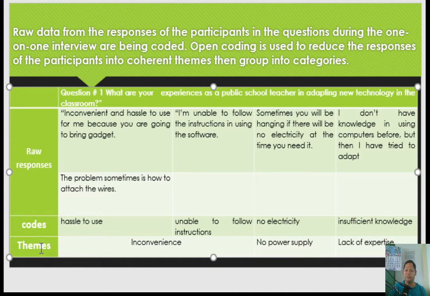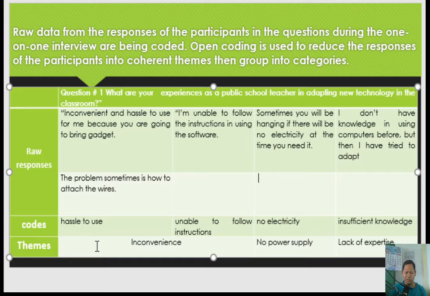What is a theme? This is a grouping of ideas or responses from your codes. From the codes generated, we will make themes out of them. You just analyze which codes are similar or can go together.